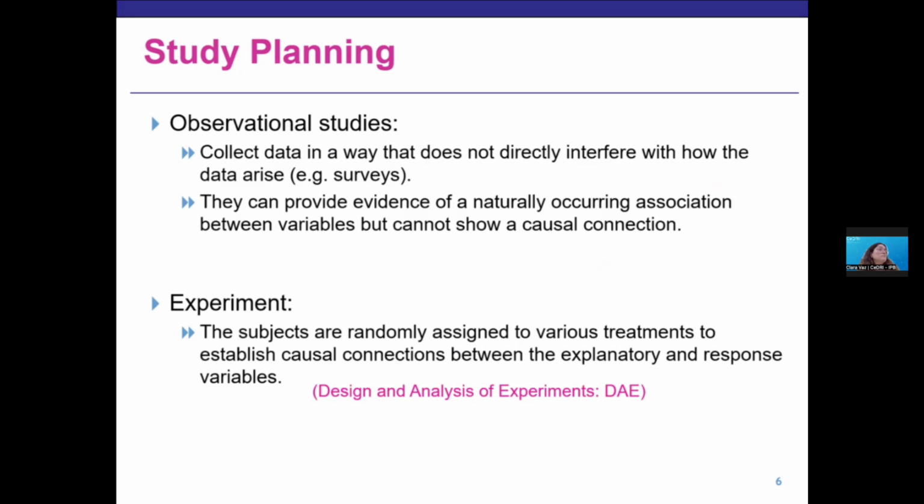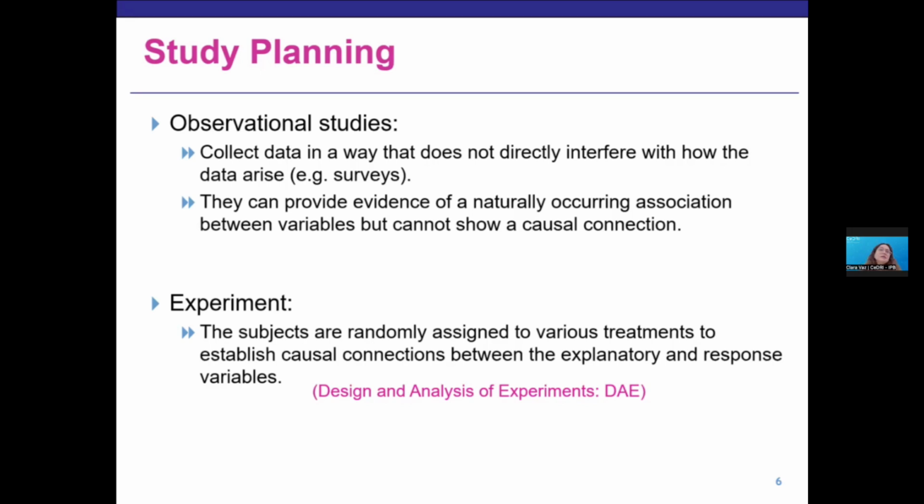Examples are when the decision maker uses data from global sources that are available in free databases, or when data is collected through surveys. In this kind of study, the decision maker can only make associations between the different variables.